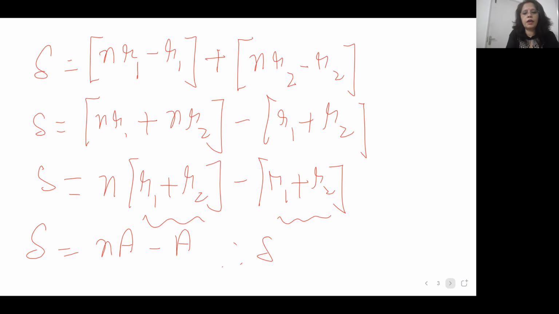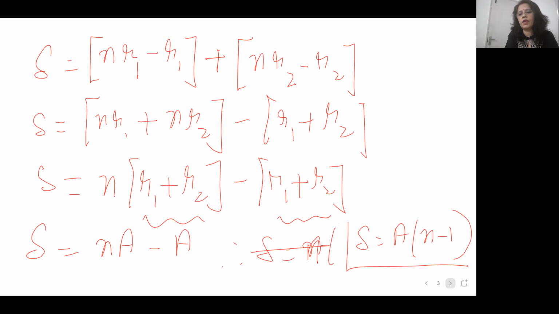We can take A as common, so delta is equal to A times N minus 1. So this is the relation between the deviation, by how much the incident ray has deviated, the angle of prism, and the refractive index.